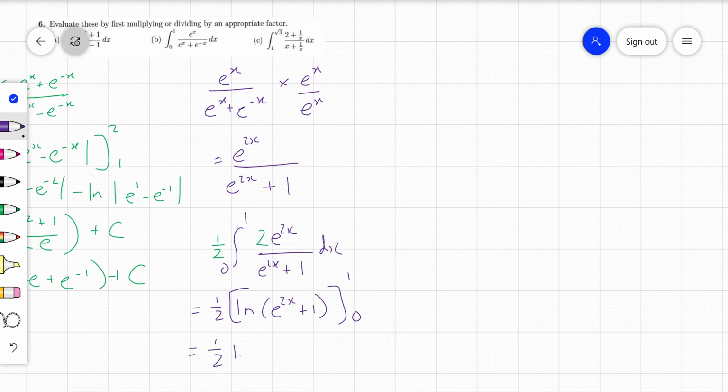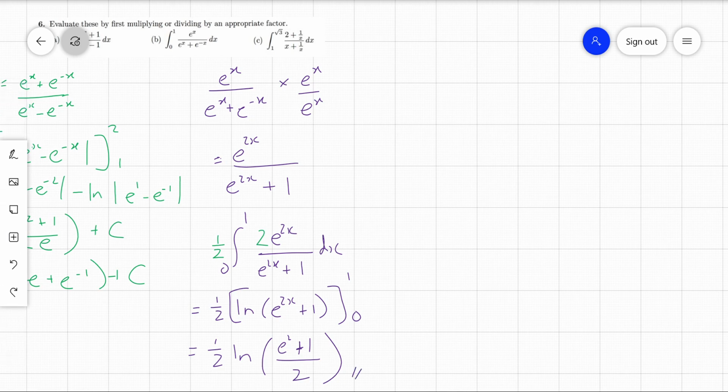So we're getting log of, we'll do it all at once. So we've got e squared plus 1, e squared plus 1, and we're going to put 0 in, so we get 1 plus 1 is 2. So we get a half log of e squared plus 1 over 2. There's your answer.